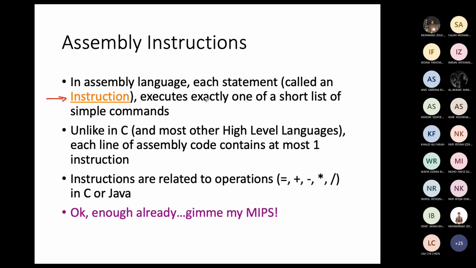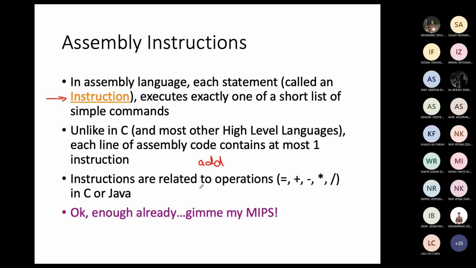So they would execute exactly one of a short list of simple commands. Unlike in C and most other high-level languages, each line of assembly code contains at most one instruction.